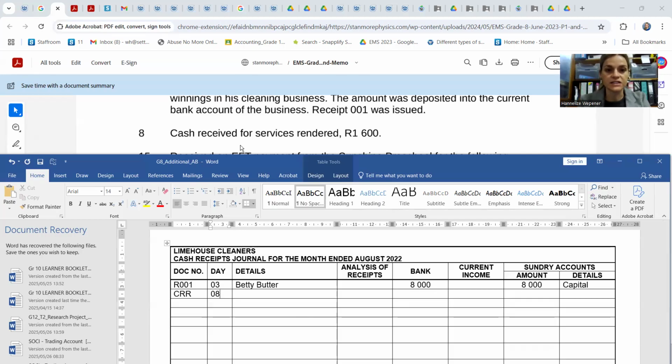Whenever it is cash for services rendered, your details will be services rendered. Then remember we said that your cash register is at your business premises. You're not going to put your cash register at the bank and then your customers are going to go pay there. It's at your business premises. Therefore, it must go to analysis of receipts. All cash receipts must go to bank. This was for services rendered, therefore, current income.